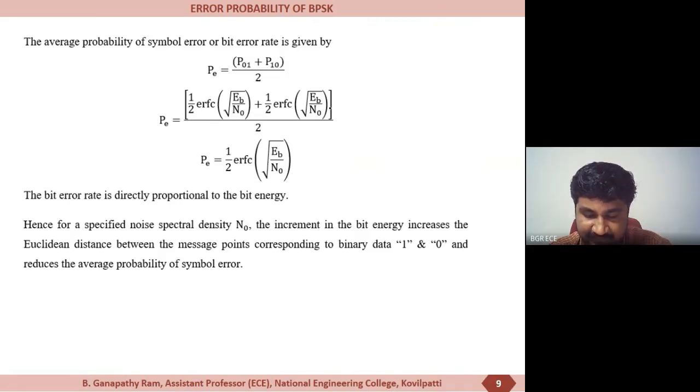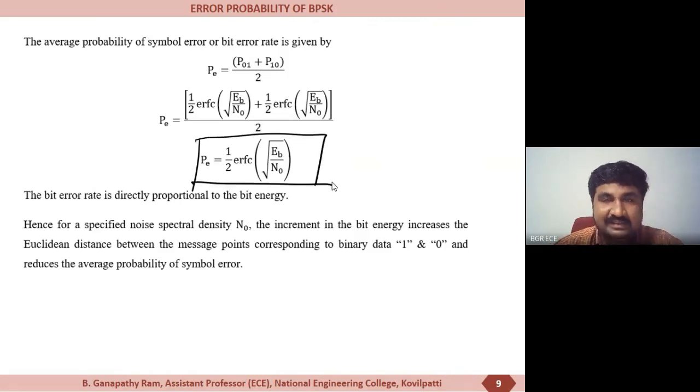Both are having the same function. So it is again having PE as 1 by 2 into error function of square root of EB by N0. And the average probability of symbol error is directly proportional to the bit energy for a fixed value of N0, where N0 is the noise power spectral density, or the power of the noise per unit bandwidth.